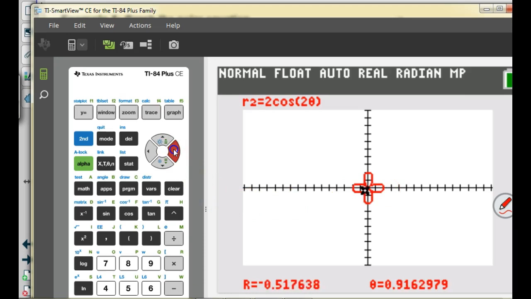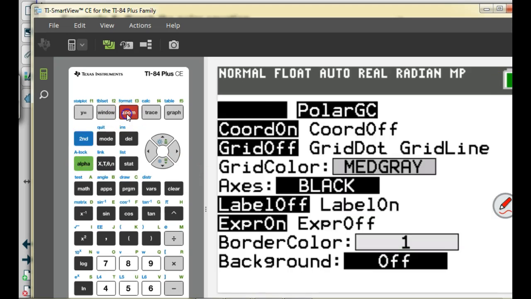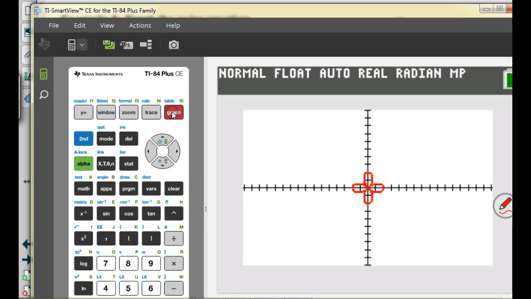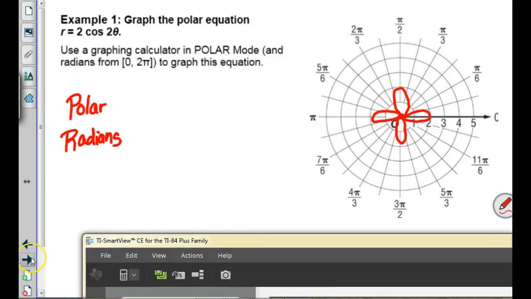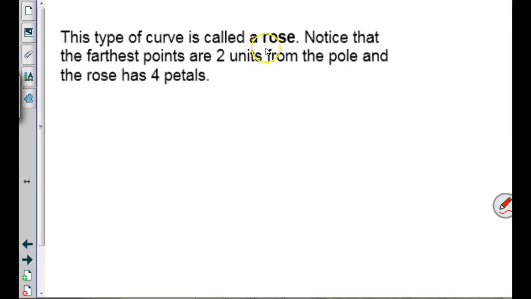If I traced around to pi, so roughly 3.14 right there, it's back at 2. But if you put it in this mode, no one's going to remember how to get your X, Y back. So I would just leave it in rectangular because there's no reason to have an R theta. I'm not going to make you draw super accurate ones on the quiz. Everybody good? Okay, let me talk more about this. It's called a rose. The furthest points are 2 units from the pole, and it had 4 petals.